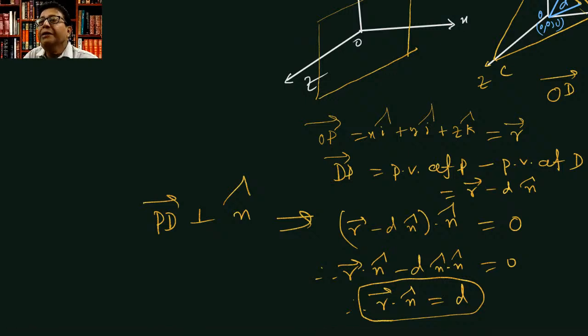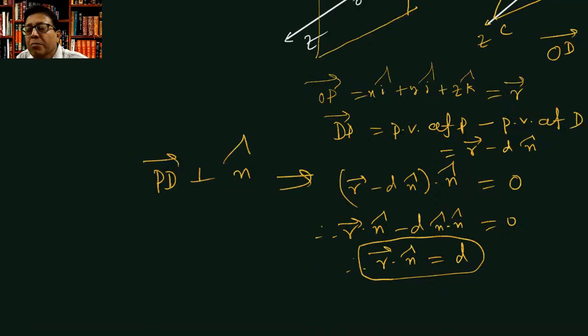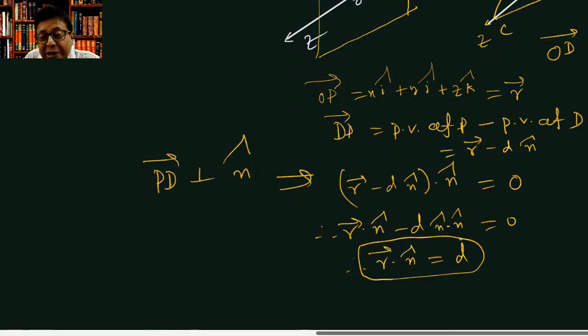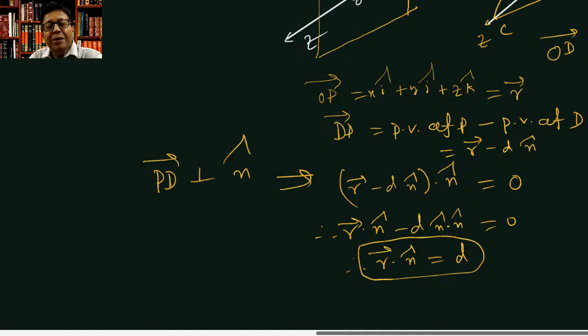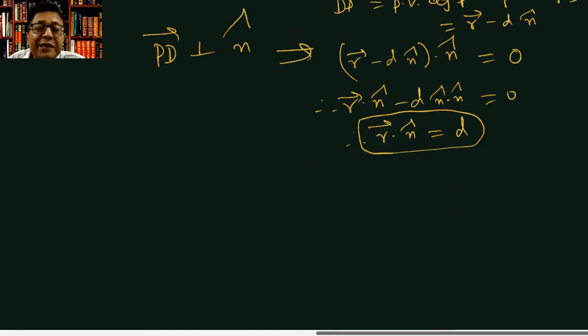That plane has a unit normal and the perpendicular distance of the plane from the origin is D. See, most of you have passed class 12 or you have appeared in 12, that's why you are appearing for WBJEE. The concept of plane is very important.